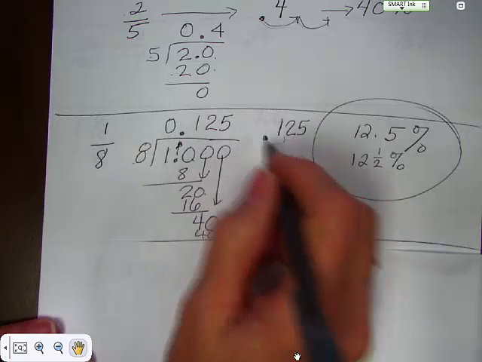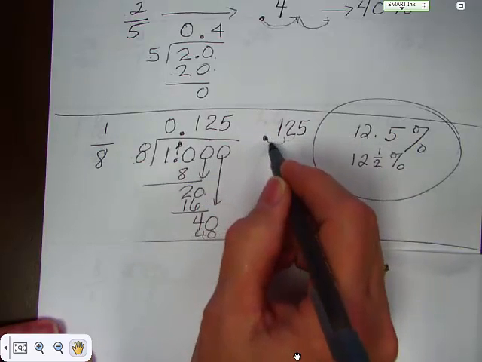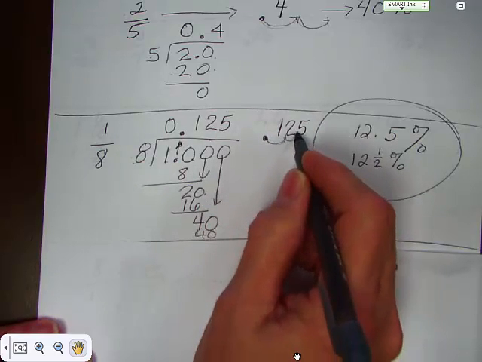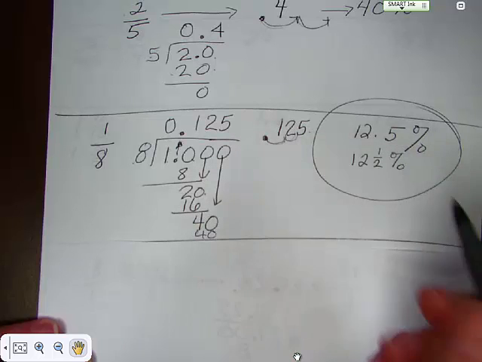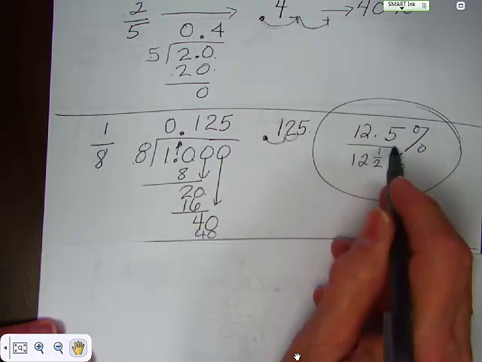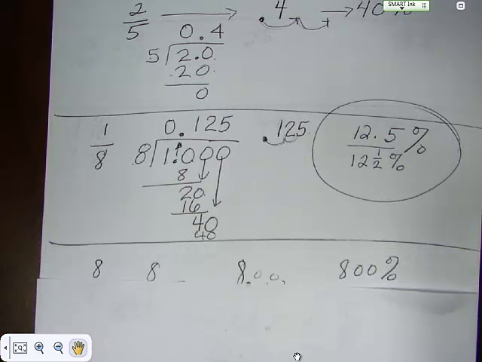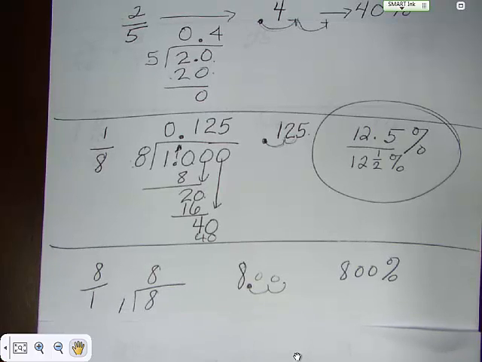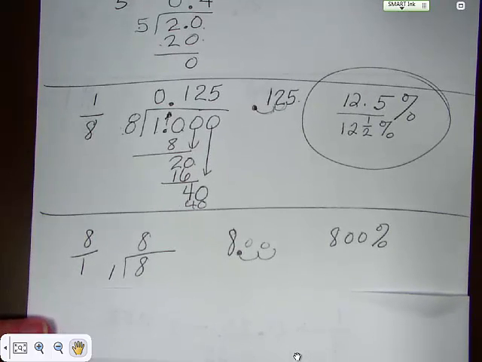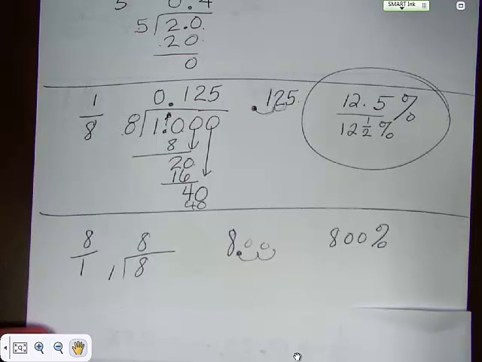However, the percent, you move this 2 places. It does not go past that 5, so therefore the percent is 12.5%. If you use a whole number, always figure that you're going to have a huge percent. Okay? So, we can do the math if you want to.